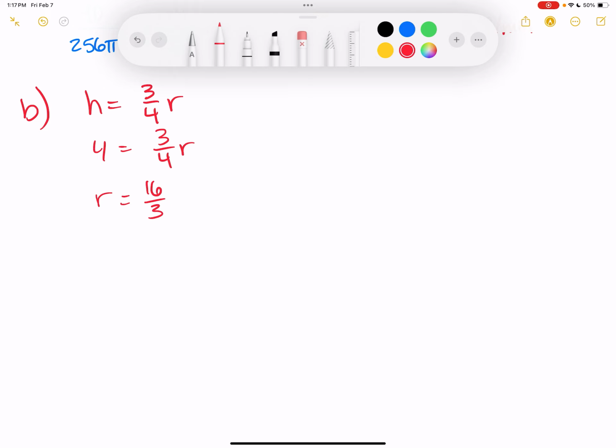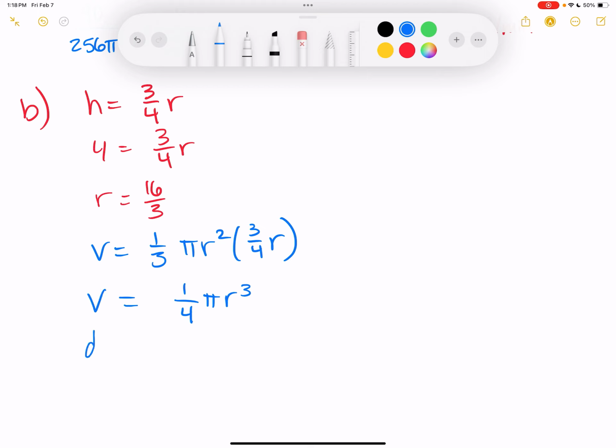So now V equals 1/3 pi r squared times 3/4 r. So this is 1/4 pi r cubed.